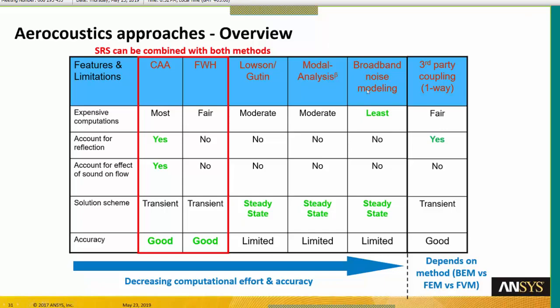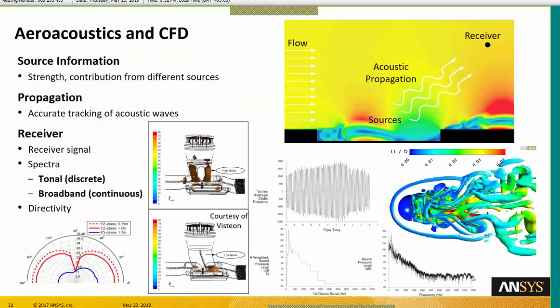For third-party coupling, it depends on the method, because there are different methods that can address the acoustic part of the problem. Depending on the method used, the calculation can be more or less long and more or less accurate.